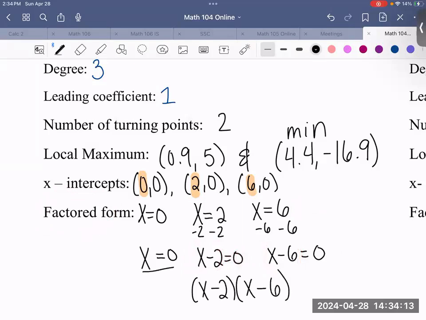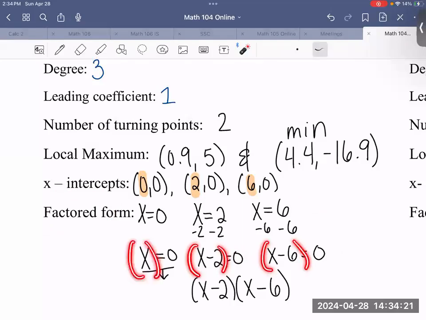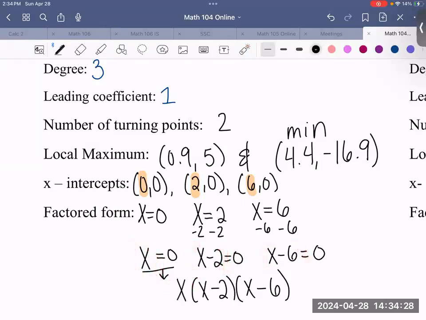The x doesn't really need parentheses, so it'll just go on the outside. We can set it equal to 0 if we'd want to show that it's fully solved. But even better, we're going to say it's equal to p of x, just another way to say f of x or y equals, and that can be our equation.